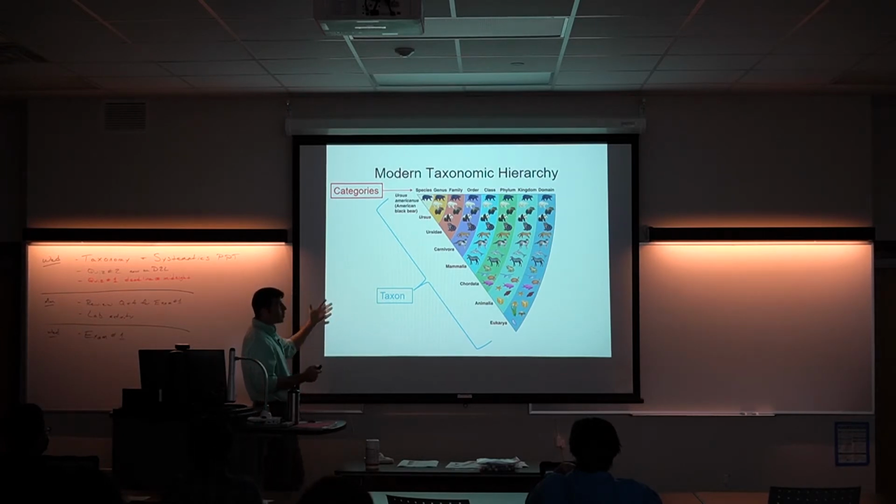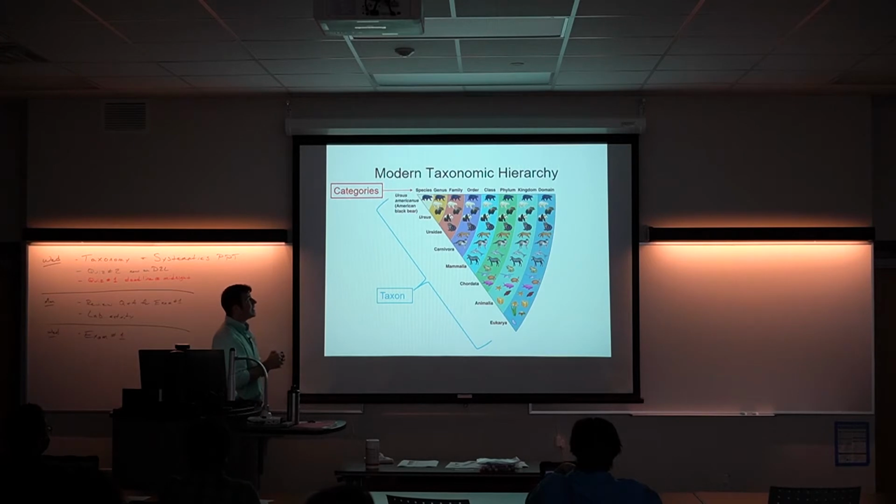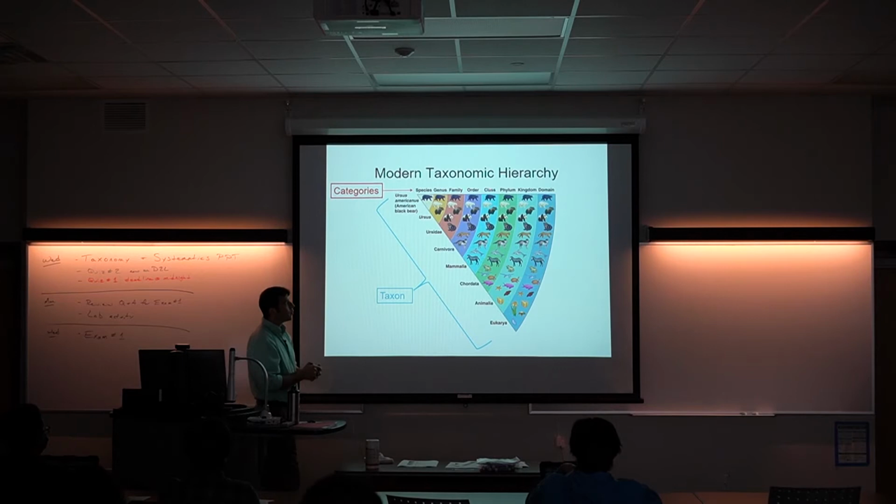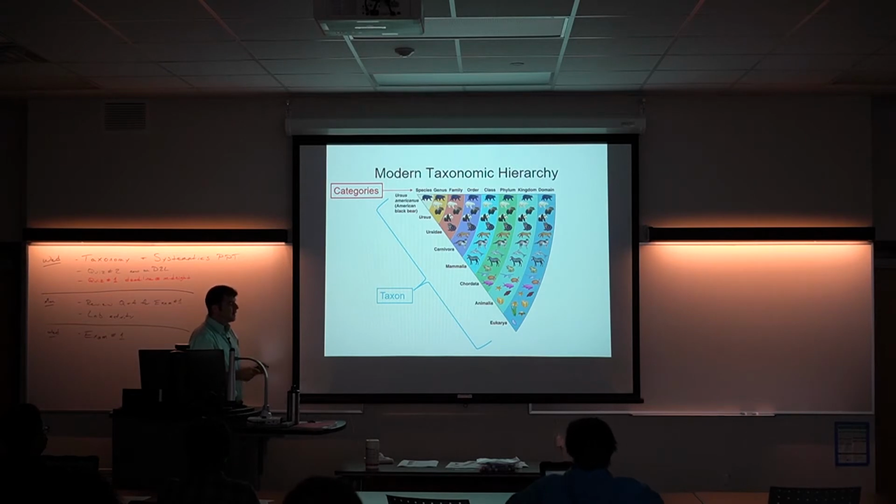And the categories themselves, that is that nested hierarchy that we talked about, where the least inclusive group, the most exclusive, is the species. And then as we broaden out to domain, it becomes more and more inclusive. So we can see the species in the spotlight on this slide are black bears.